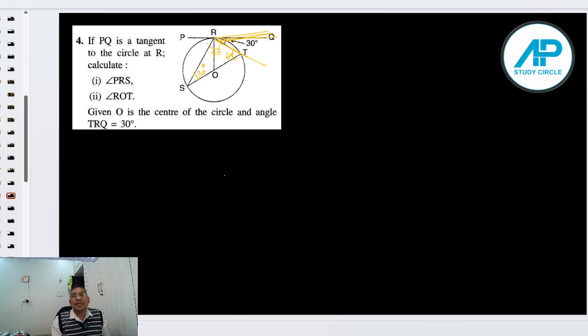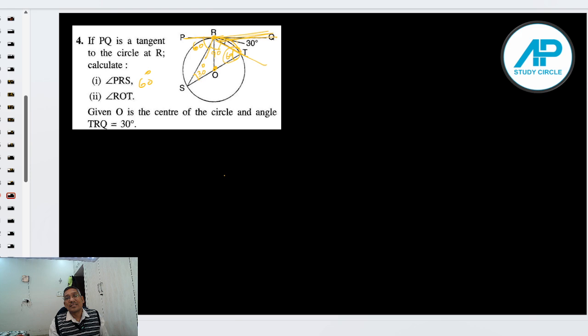This is 90. This is 60. I got the angle. I need to find the angle PRS. So 30, 30. This is the chord and the tangent. The tangent PR and the chord RS meeting at point R. This angle is equal to this angle and this gives you 60. Property is alternate segment. ROT is at the center.